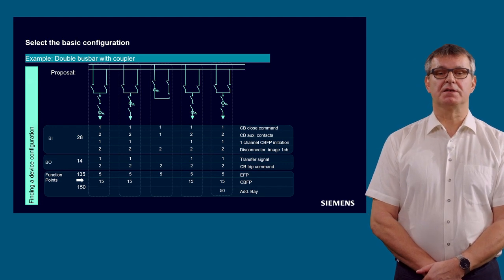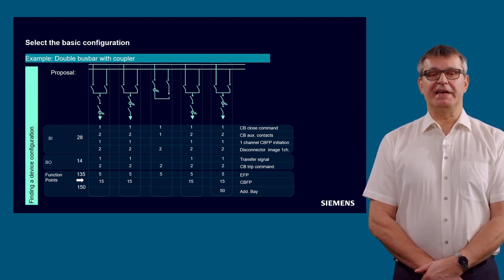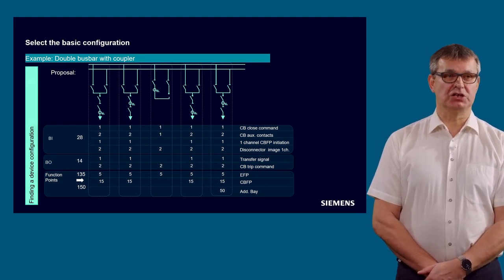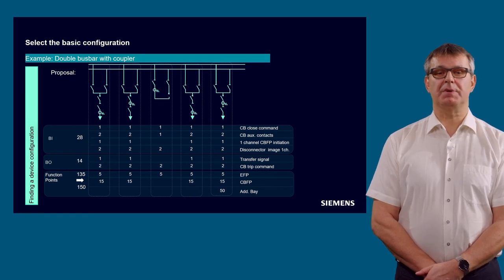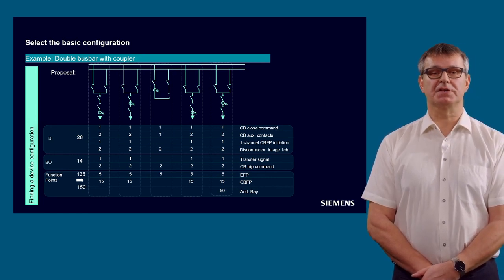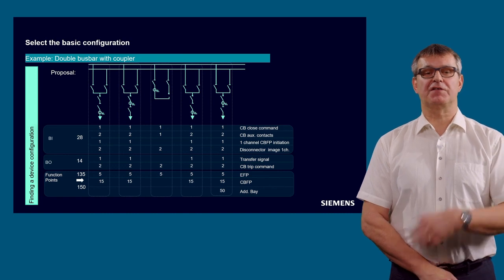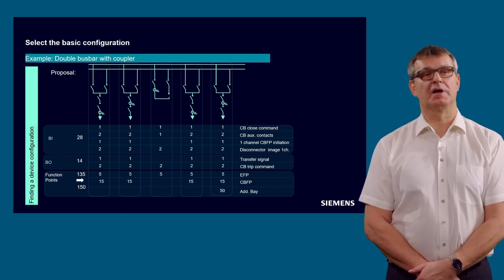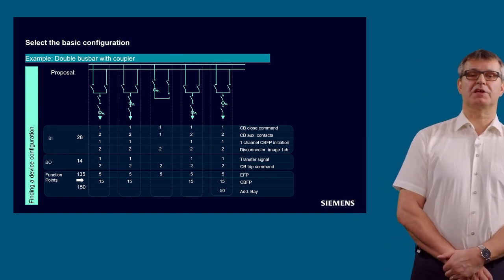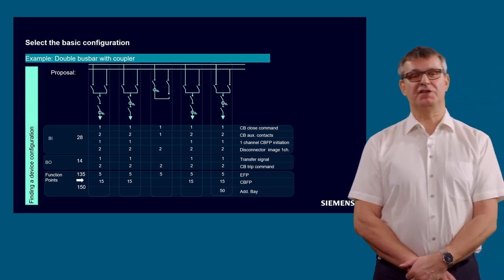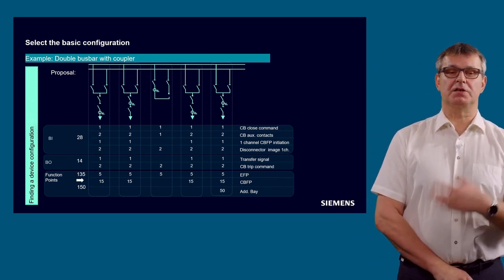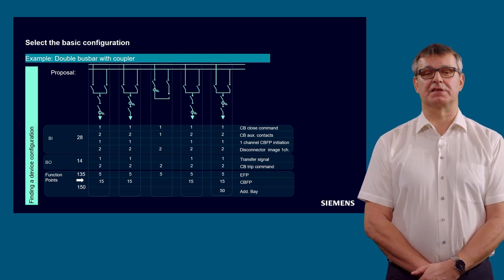Function points, already said. End-fault protection in each feeder and also in the coupler. So 5 points here in the sum. Circuit breaker failure protection, here we assume only a 3-pole circuit breaker failure protection. This means 15 points in each feeder, no function points in the coupler.